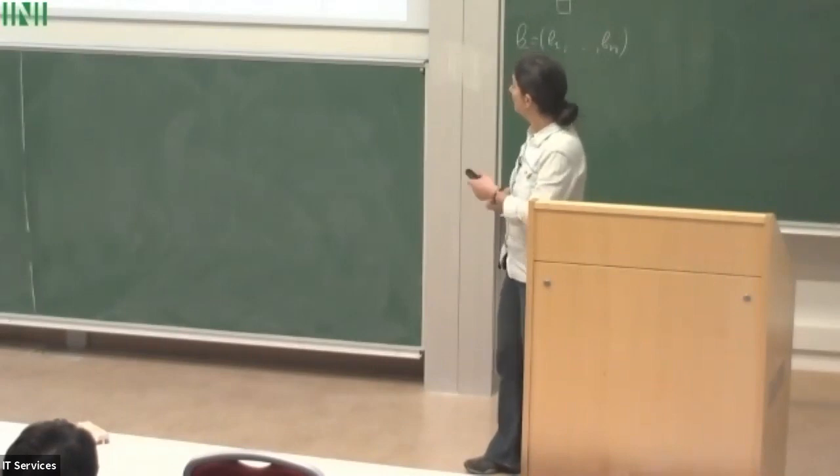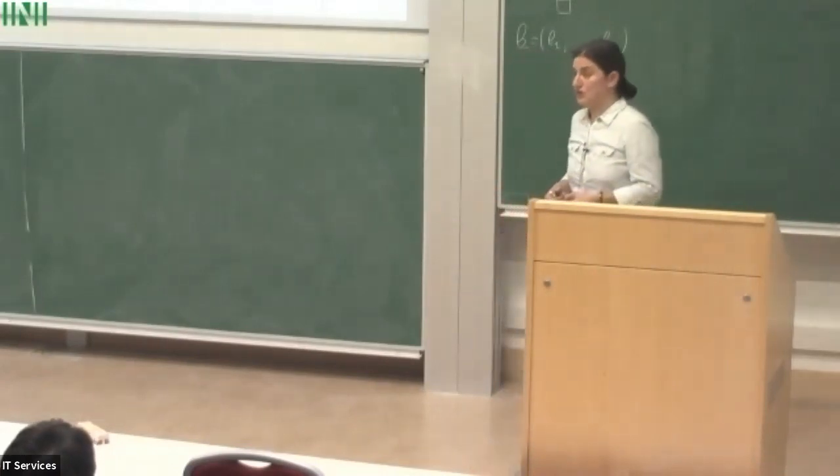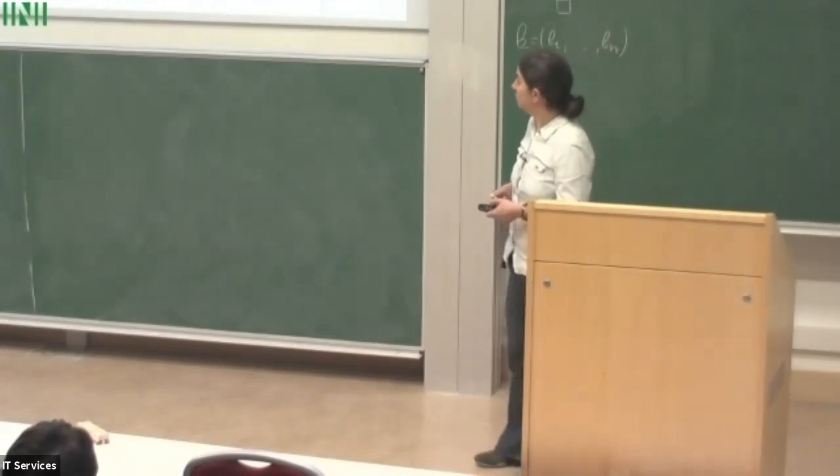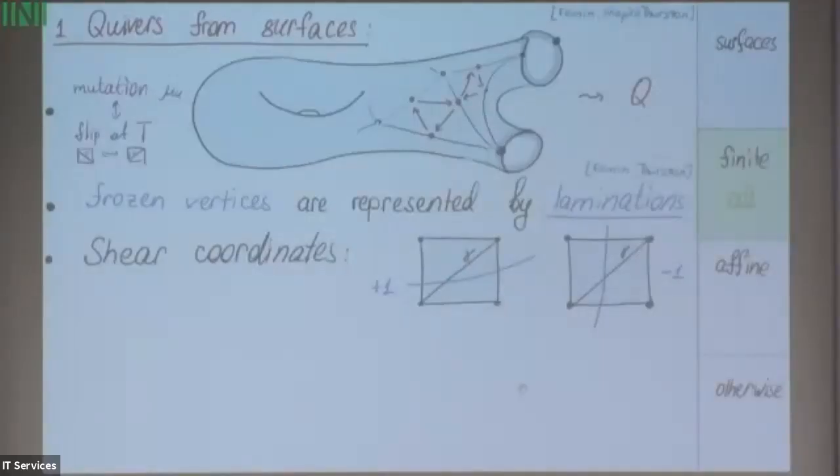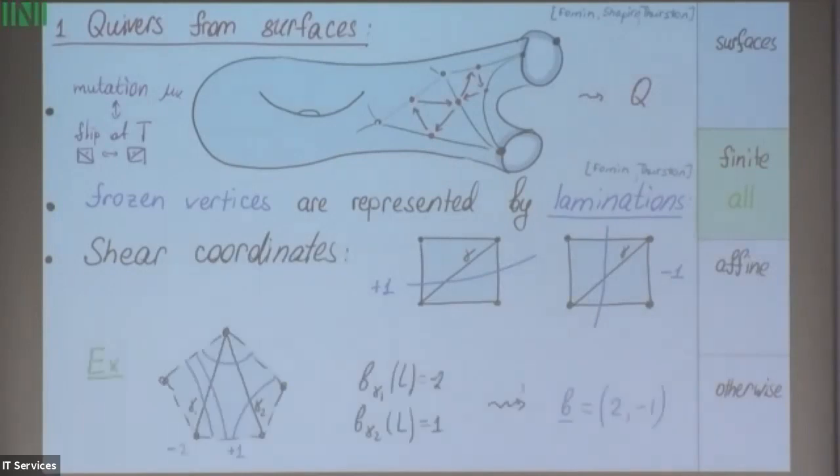So if we have some lamination like this on the same surface as the triangulation, then we use shear coordinates as shown on the board. When the lamination crosses an arc in one way, we say +1, in the other way we say -1. So for example, here, if I look at arc gamma 1, I see two laminations crossing in negative direction.